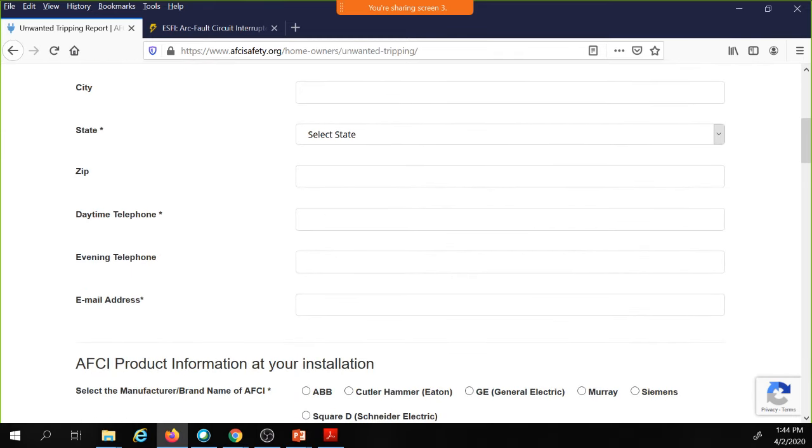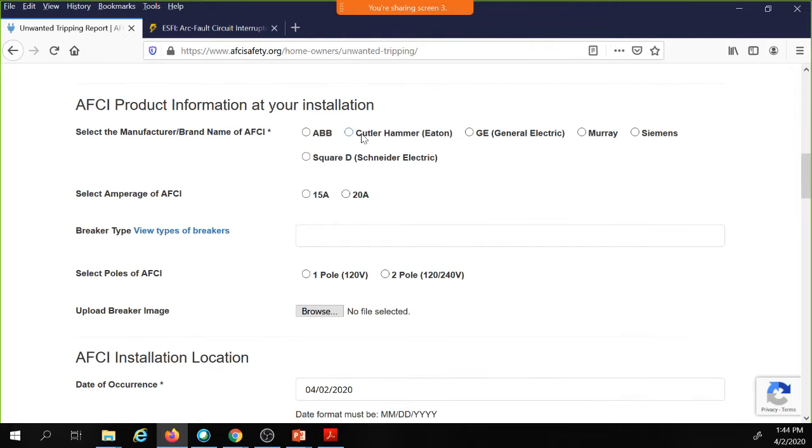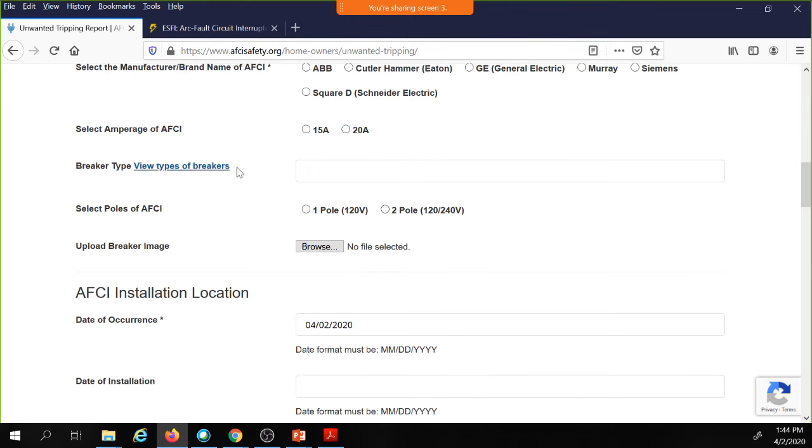You can provide information, the manufacturer of the brand of AFCIs, whether it's a 15 or 20 amp circuit, the breaker type, whether it's a 2-pole or a single pole. You can upload a breaker image if you want to. If you wanted to upload a video file, we all have smartphones, we can take little videos. I mean, heck, I'm streaming on YouTube, for goodness sakes, and I'm in my basement.